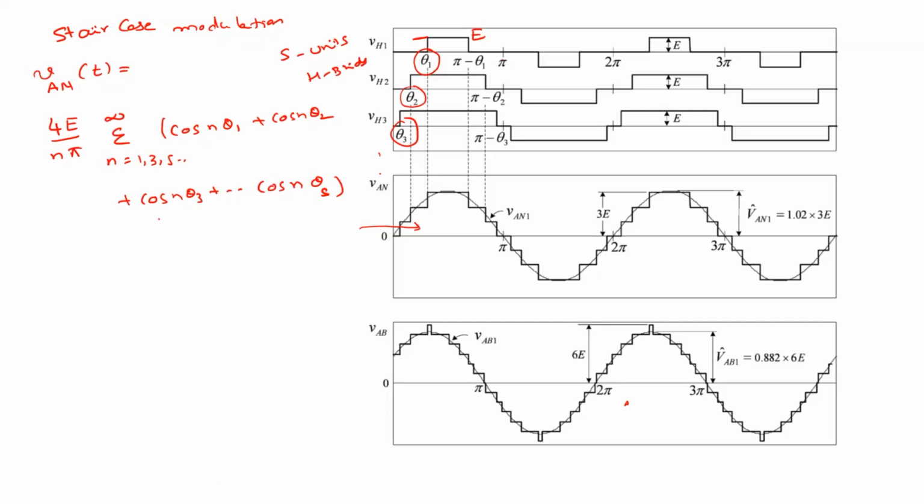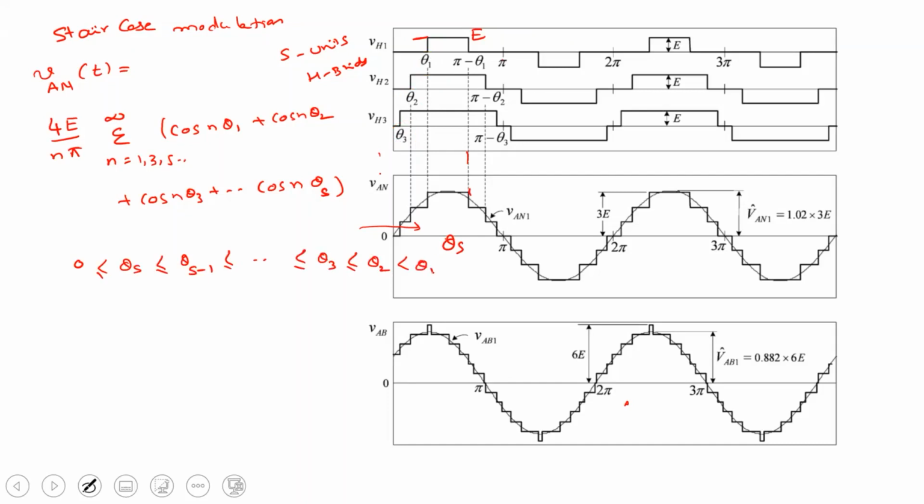If you have 3 H-bridges, it will stop at cos n theta 3, so up to theta S. All these theta values must satisfy theta 1 less than theta 2, less than theta 3, and so on up to theta S, and this is less than or equal to pi by 2.